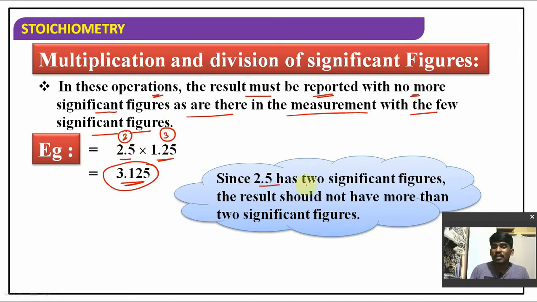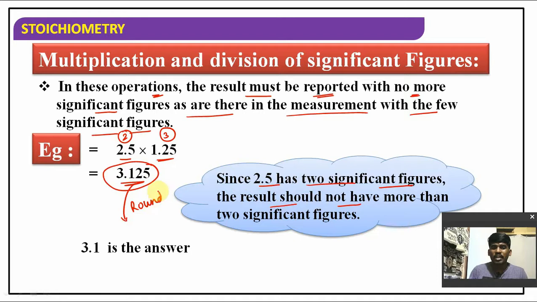Since 2.5 has 2 significant figures, the result should not have more than 2. So 3.125 should be rounded off to 3.1. Why? Because the answer also should have 2 significant figures. Understood the point?